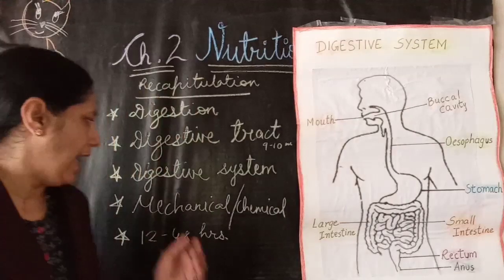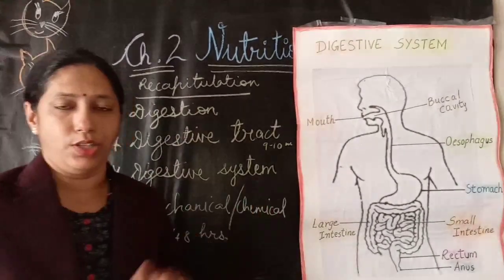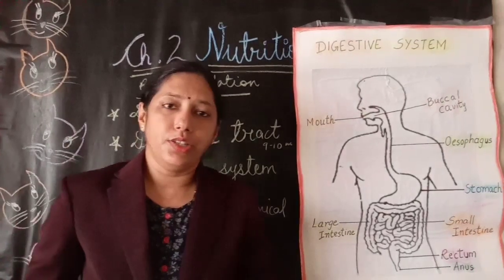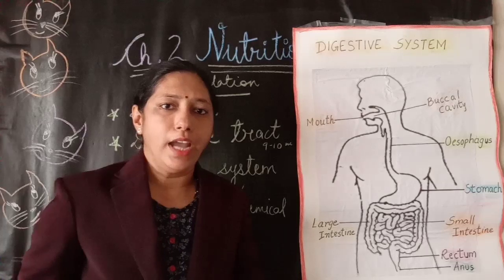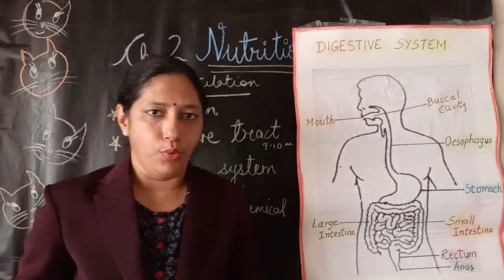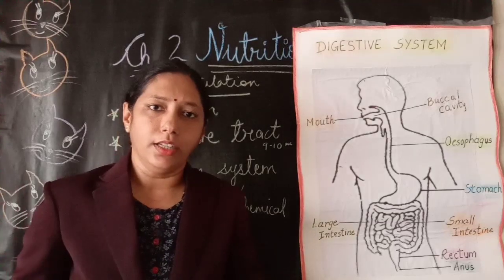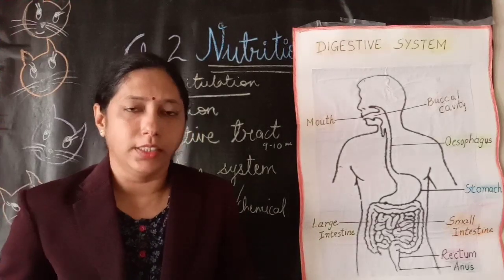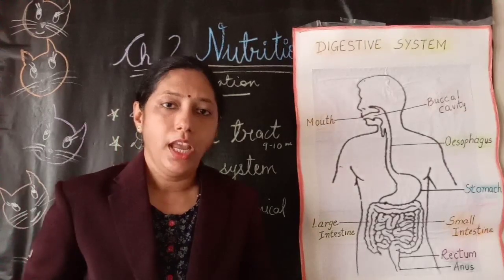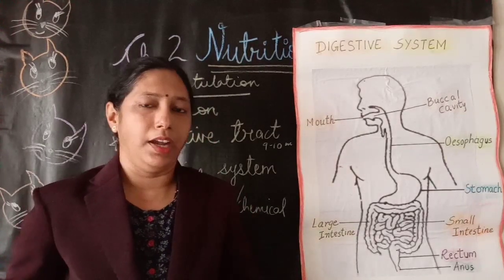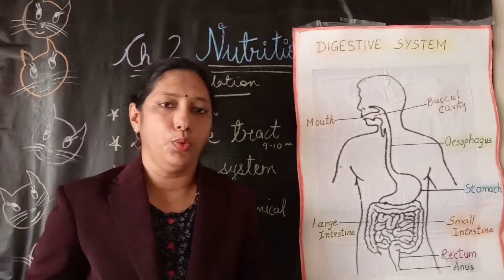Then we learned that digestion has two parts, mechanical digestion and chemical digestion. In mechanical digestion, there is a physical breakdown of food by chewing and churning, and in chemical digestion, the breakdown occurs by chemical compounds called enzymes. These enzymes are secreted by the various glands associated with the digestive tract.